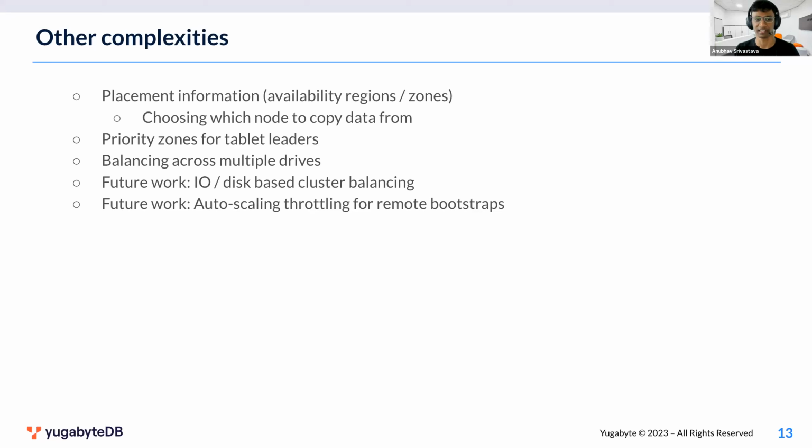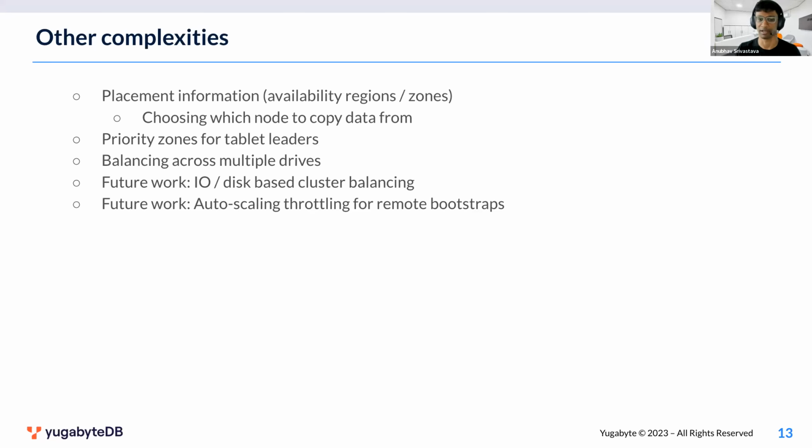There's also balancing across multiple drives on one node. And then I put some future work here, which we have some thoughts about. You might want IO or disk-based cluster balancing because maybe not all tablets are created equal. You have a hot shard problem, which you shouldn't, but if you do, we don't want to be susceptible to failure because of that.